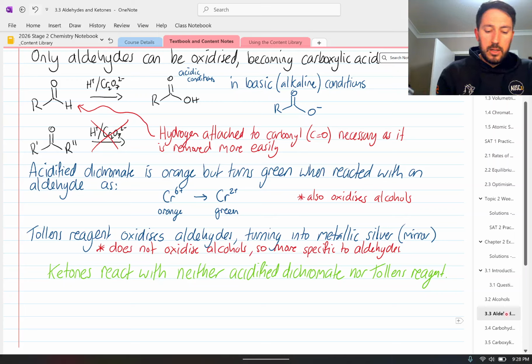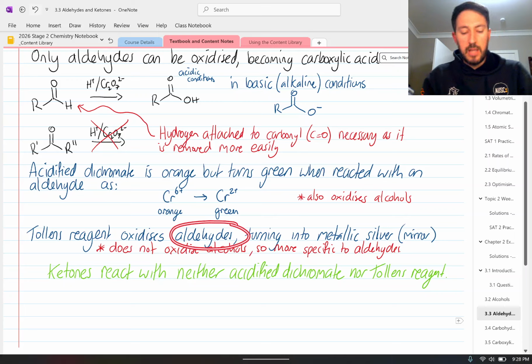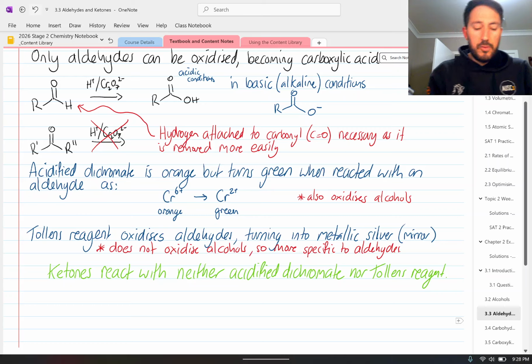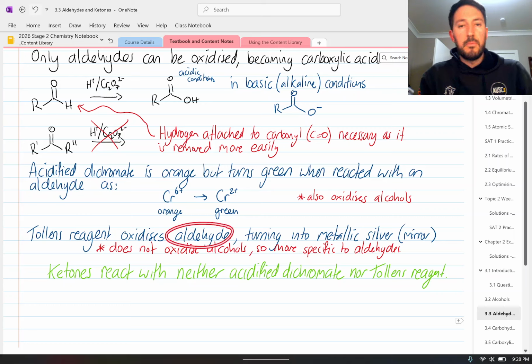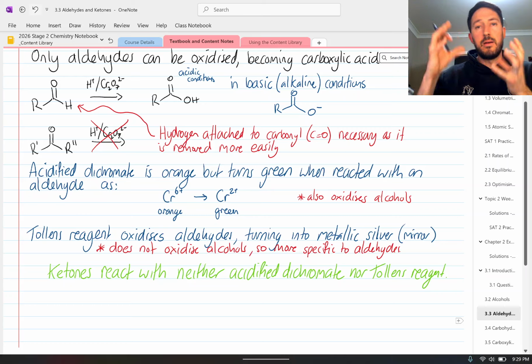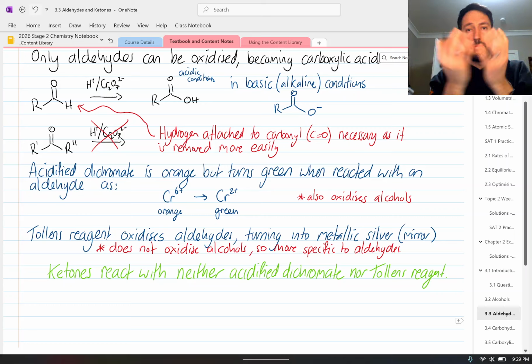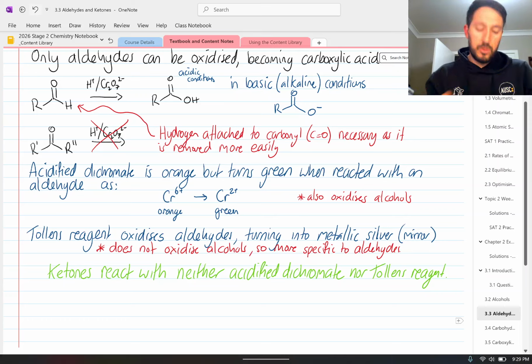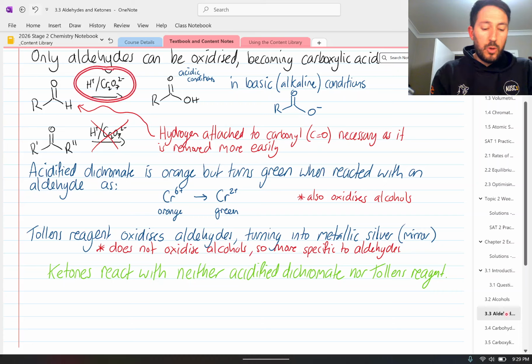So if you mix it with an aldehyde, only aldehydes, by the way, it doesn't work with alcohols, it will reduce the silver into metallic silver, and that's the reaction we use to coat our clear glass bottles and make them silvered like a little mirror, which we will do at some point this year. Now the final point is that ketones react neither with acidified potassium dichromate nor Tollens reagent.